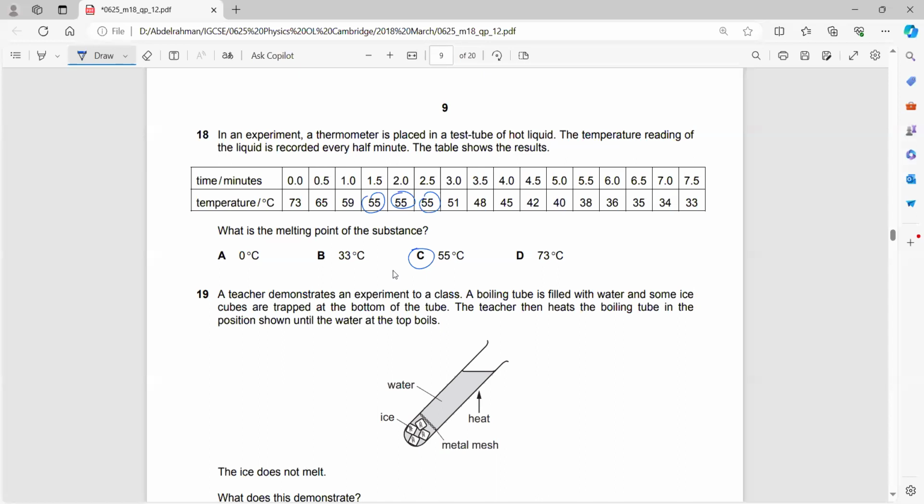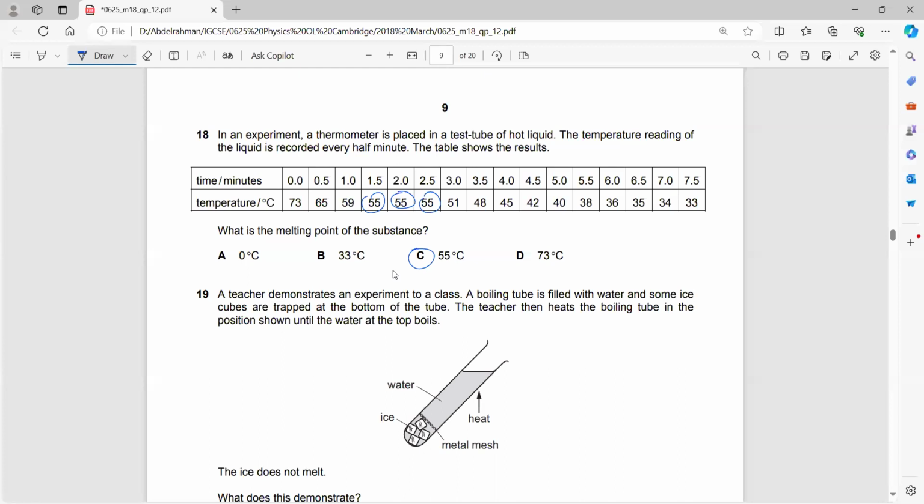Why? Because we know for a fact that melting, boiling, freezing, condensation, whatever, they all happen at a constant temperature. The water, for example, keeps on boiling at 100 degrees Celsius for some time. The ice keeps on melting at 0 degrees Celsius for some period of time.